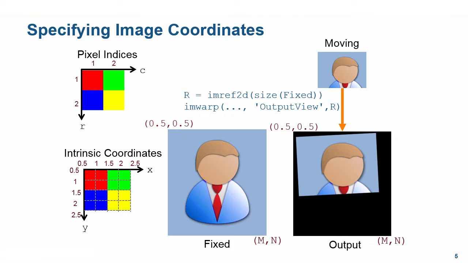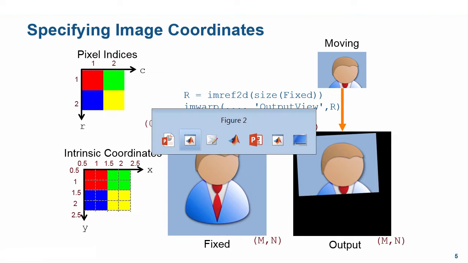In our case, since we would like to create a system similar to the fixed image, we can just provide the size of the fixed image to the imref2d function. The output of this can then be fed to the output view parameter in the imwarp function call to make the transformed image have the same system as the fixed image. Let's go back to MATLAB and see how we can do this.